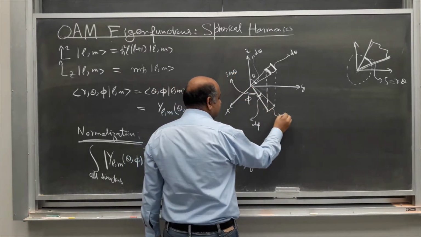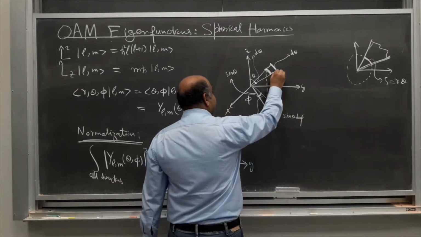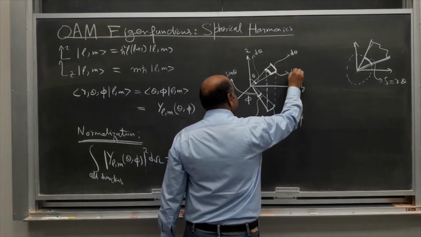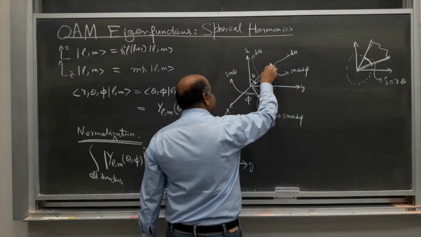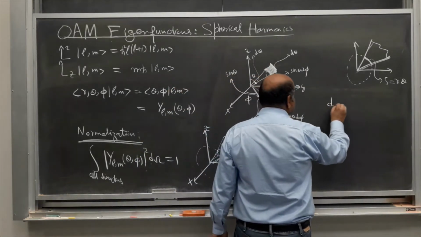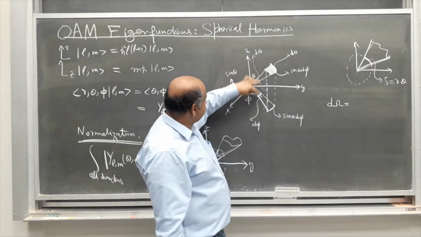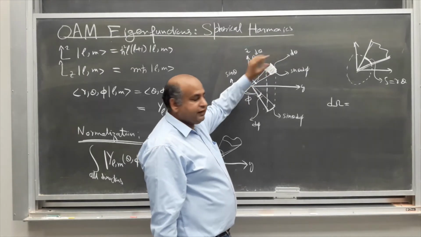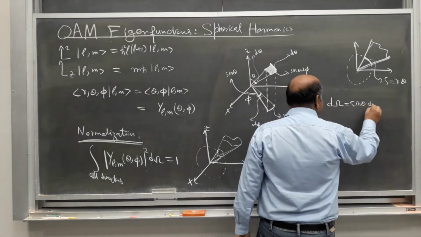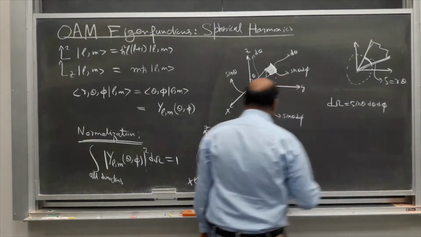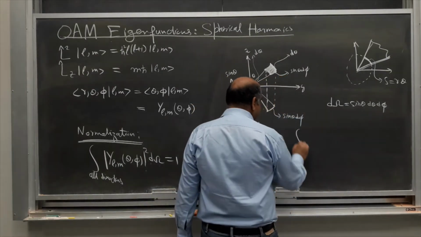So this length is sine theta d phi. So this area over here, which by definition is this solid angle, we can approximate, if these are differential angles, almost like a rectangle. So d omega is sine theta d theta d phi.